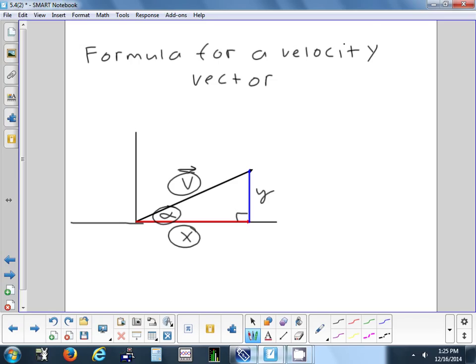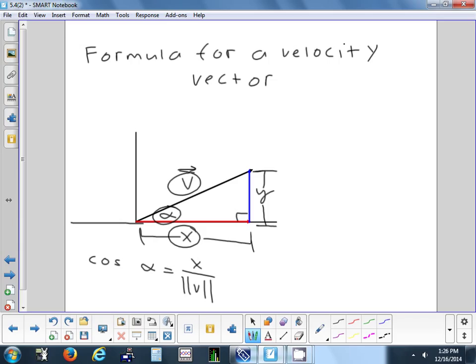Yeah, cosine. So you take the cosine of your angle, that's equal to adjacent. And now x, I'm letting represent that length. y, that length. Now v isn't the length, that's the vector. How do I represent the length of v? The double, yeah, the two bars.